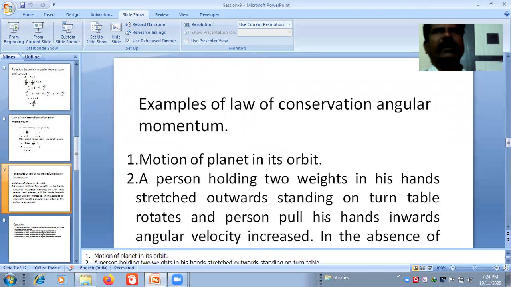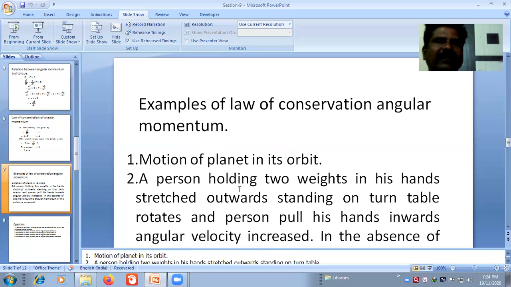That is the statement of the law of conservation of angular momentum. So let us see where we observe the angular momentum getting conserved. That is in the motion of a planet in its orbit, where the angular momentum of the planet gets conserved, or remains constant.